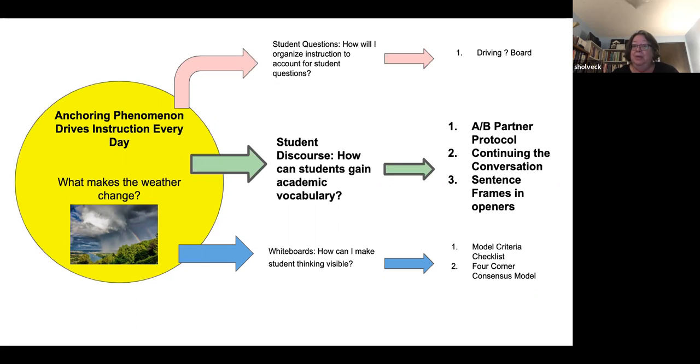And one of the ways that we can do that is to listen to students talking to one another. So we have 3 different protocols that we're going to share, and I believe we're actually going to practice one of them together pretty soon.